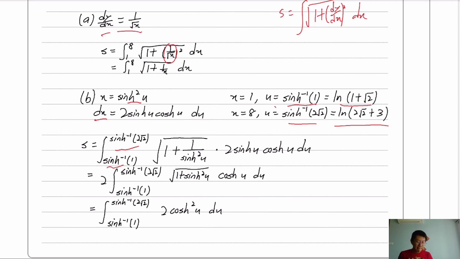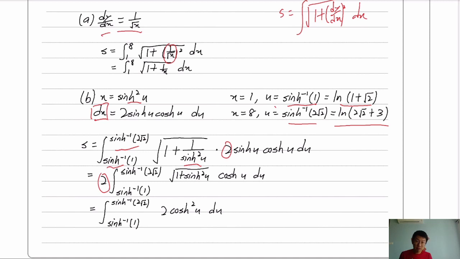Okay, so for the integral itself, we have dx. This dx needs to be replaced by everything in terms of du. And for the integrand inside here, we have 1 plus 1 over x, where x is sinh squared. So how do we tidy this up?